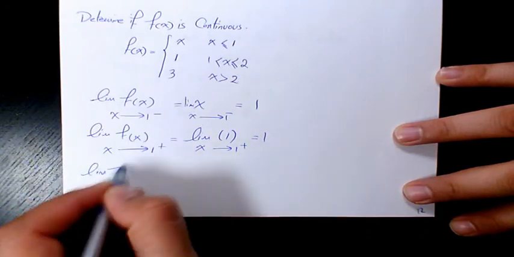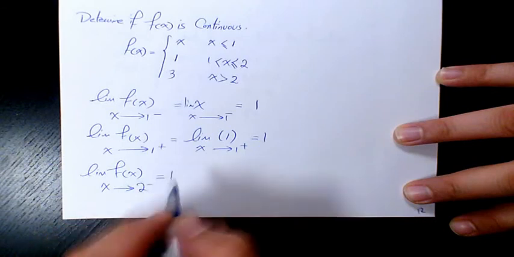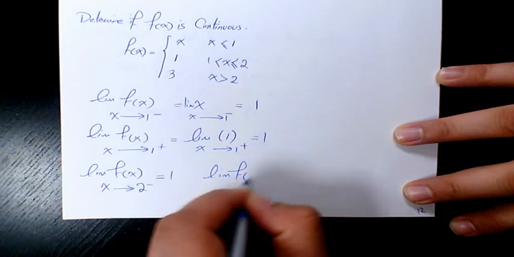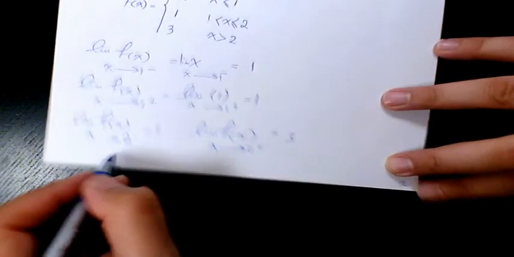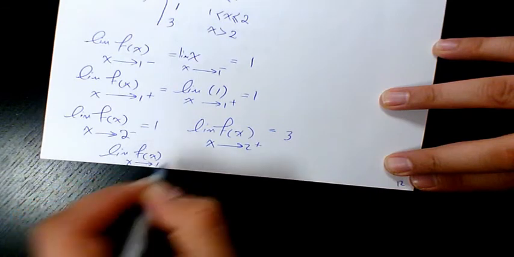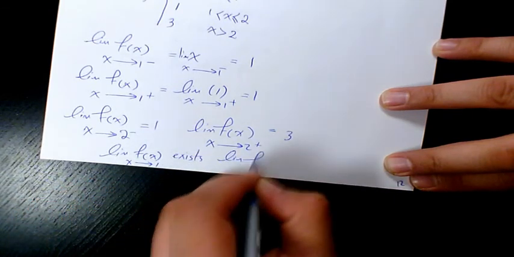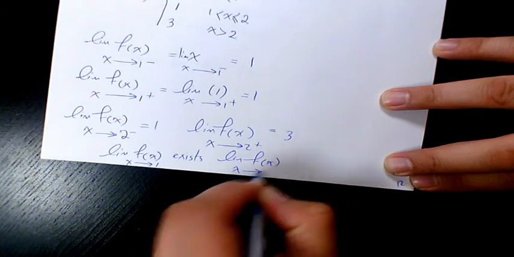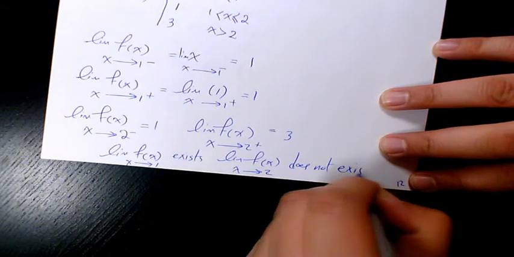The limit of f of x as x approaches 2 from the left is 1. The limit of f of x as x approaches 2 from the right is 3. So we're going to say that the limit of f of x as x approaches 1 exists, and the limit of f of x as x approaches 2 does not exist.